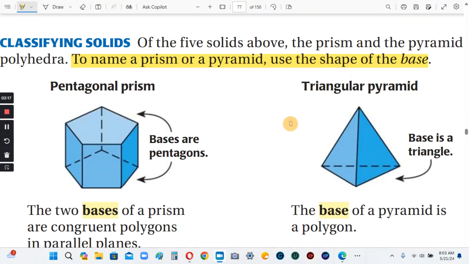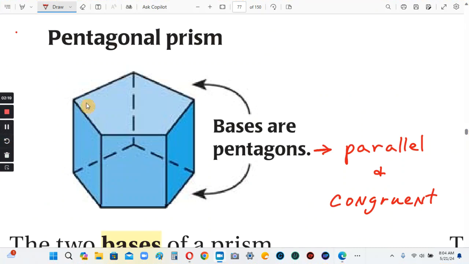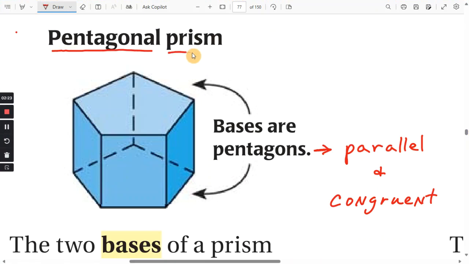So let's take a look. Right here we have a pentagonal prism. Why is it called a pentagonal prism? Because the bases are pentagons. Remember that a pentagon has 5 sides.